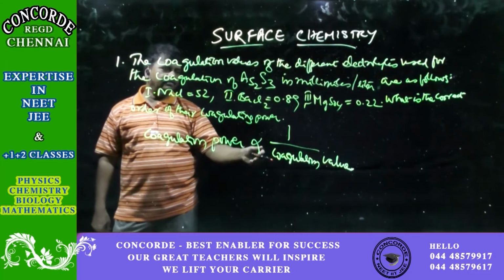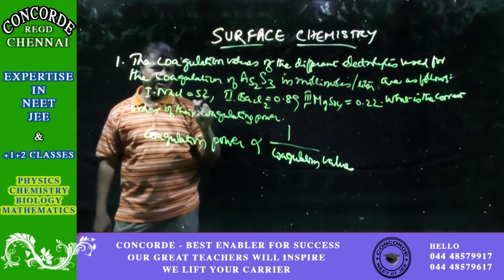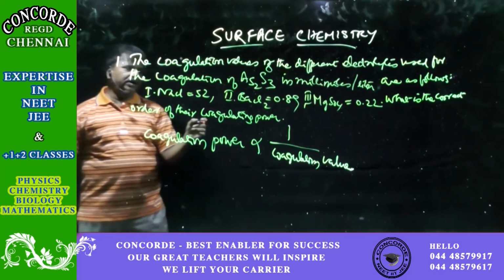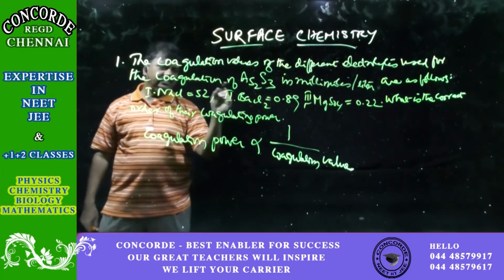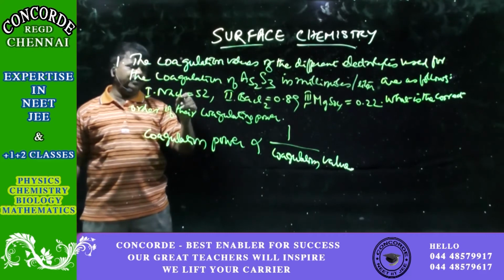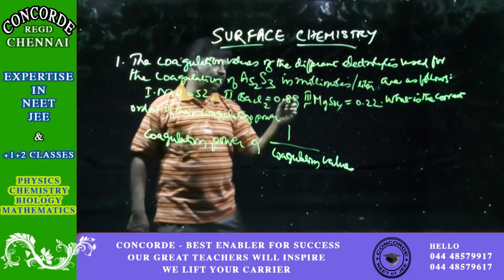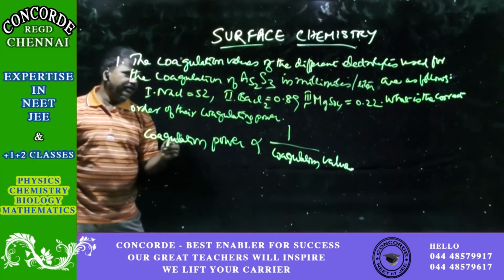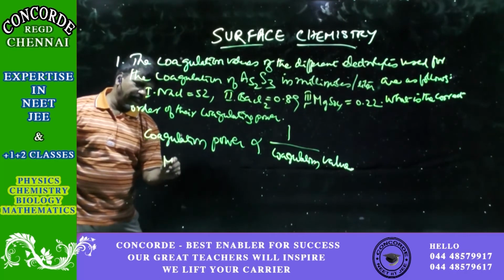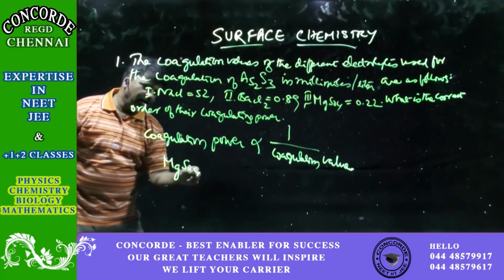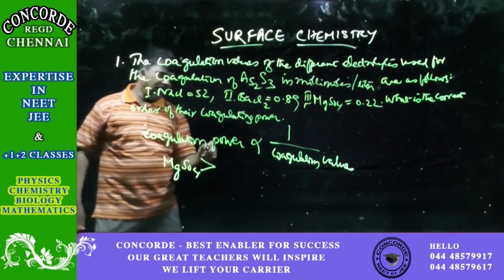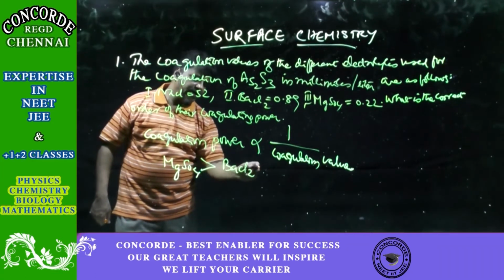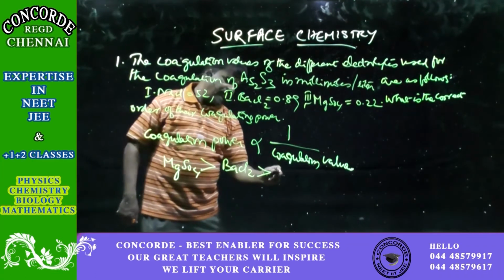More millimoles of such electrolyte are needed for coagulation. The values are in the ratio of 52, 0.89 and 0.22, so the power will be in the inverse ratio. That is, MgSO4, which has the least value, will have the highest coagulation power, then followed by BaCl2, which is 0.89, and this is followed by NaCl.